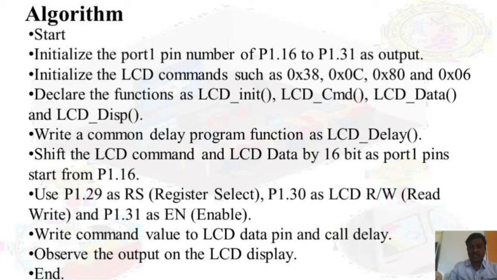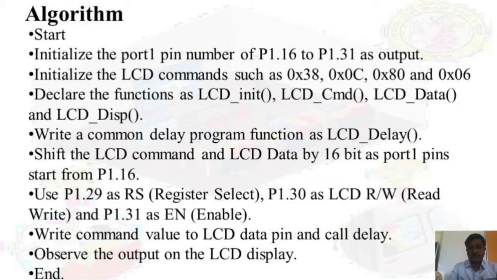Declare the functions as LCD init, LCD command, LCD data and LCD disp for displaying. Write a common display program function as LCD delay. Shift the LCD command and LCD data by 16 bits as port P1 pins start from P1.16, because P1.10 to P1.15 are not available or not going to be used.